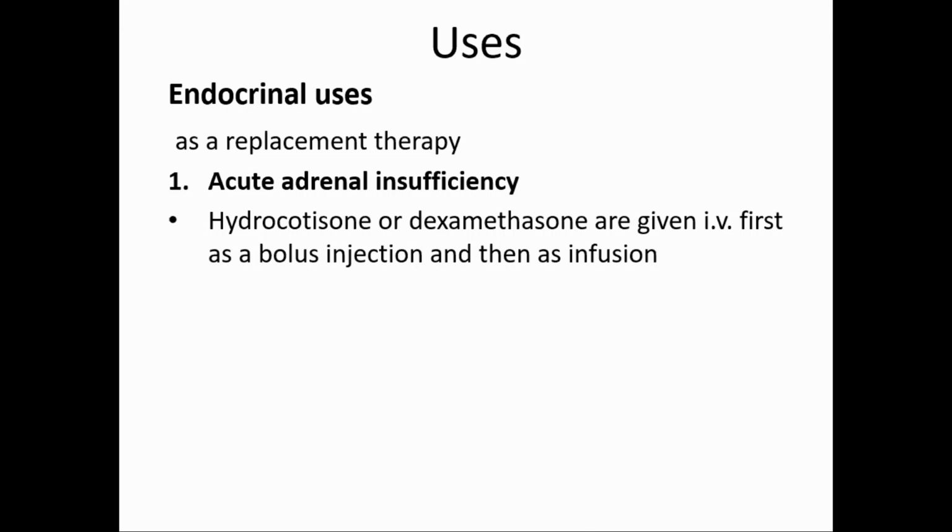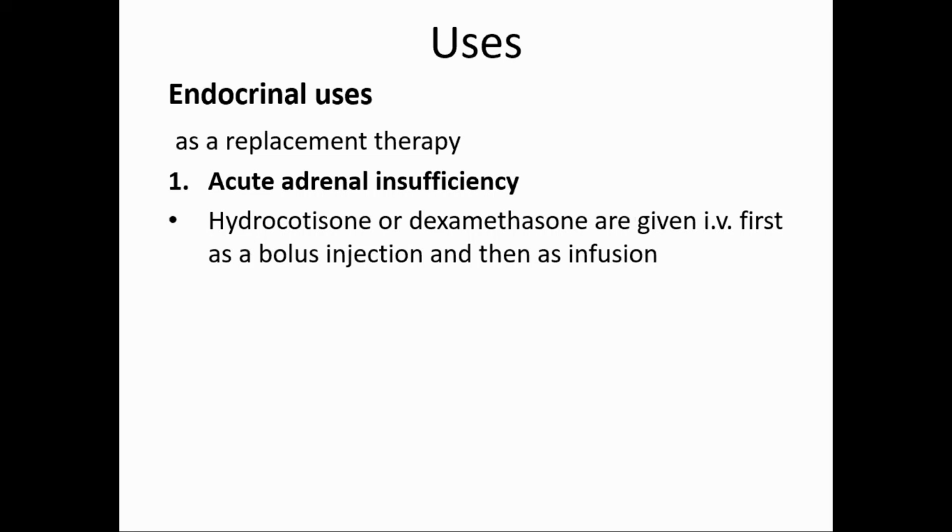Risk factors of acute adrenal insufficiency could be infection, dehydration, trauma, stress, surgery, removal of the adrenal gland, removal of the pituitary gland, etc. So we give replacement therapy, and usually hydrocortisone IV or IV dexamethasone is given.